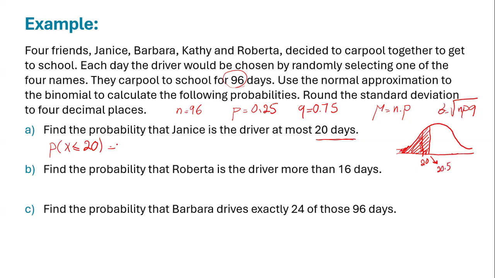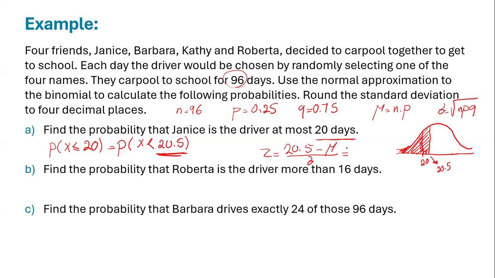So I need to find the probability when x is less than 20.5. Now this number is my x value. I need to convert this one to z using the mean and the standard deviation that I already found, and then look at the z table to find the area on the left.